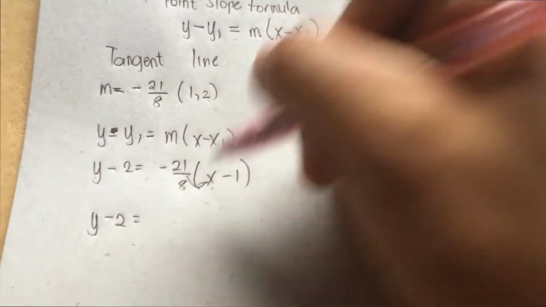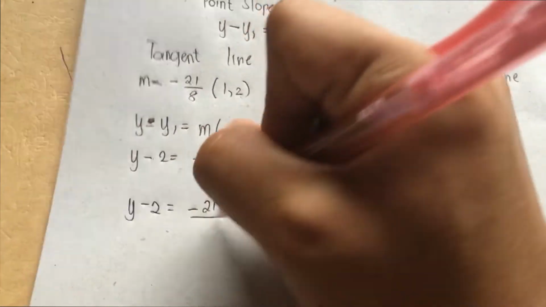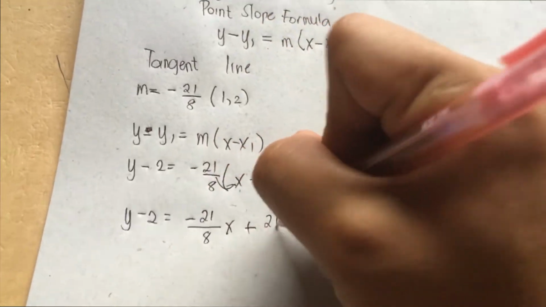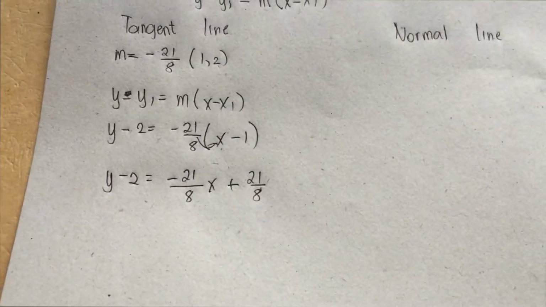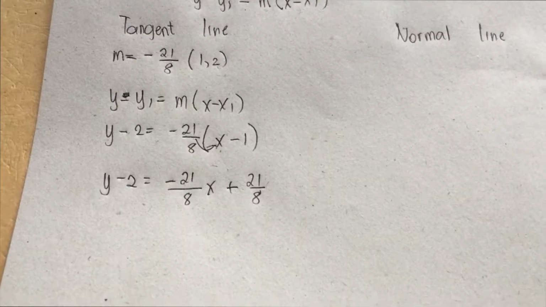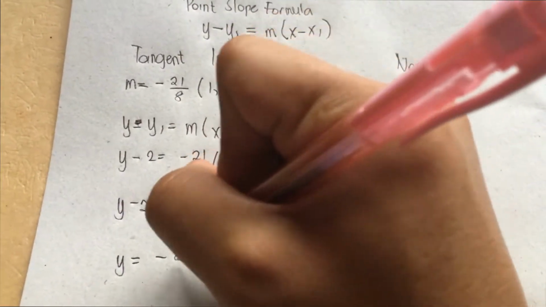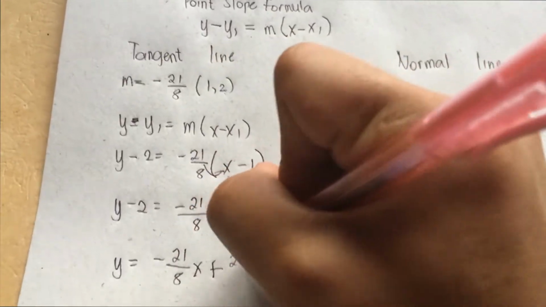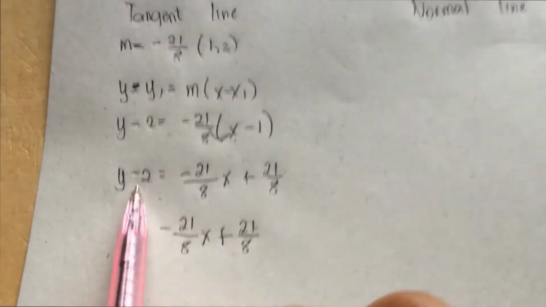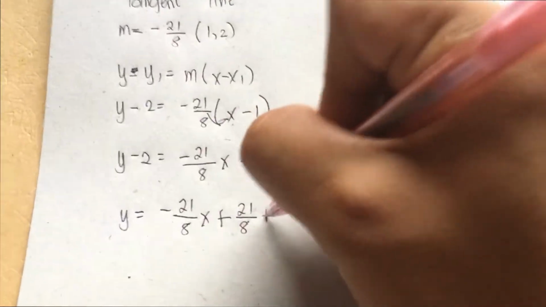Then, y minus 2, distribute this one: this is negative 21 over 8x plus 21 over 8. Next, y is equal to negative 21 over 8x plus 21 over 8. The positive 2 we will transpose, plus 2.